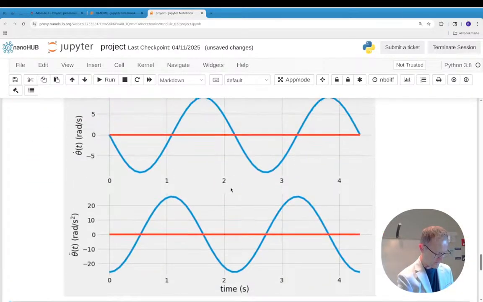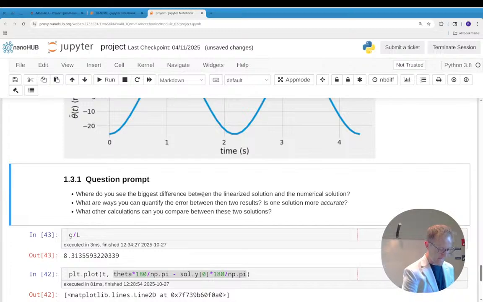There we go. So you can look at this output of the graph: okay, this is for this initial condition and this length. This is where I'm seeing differences in either amplitude or time period or both. So all those are ways of tackling that first part.